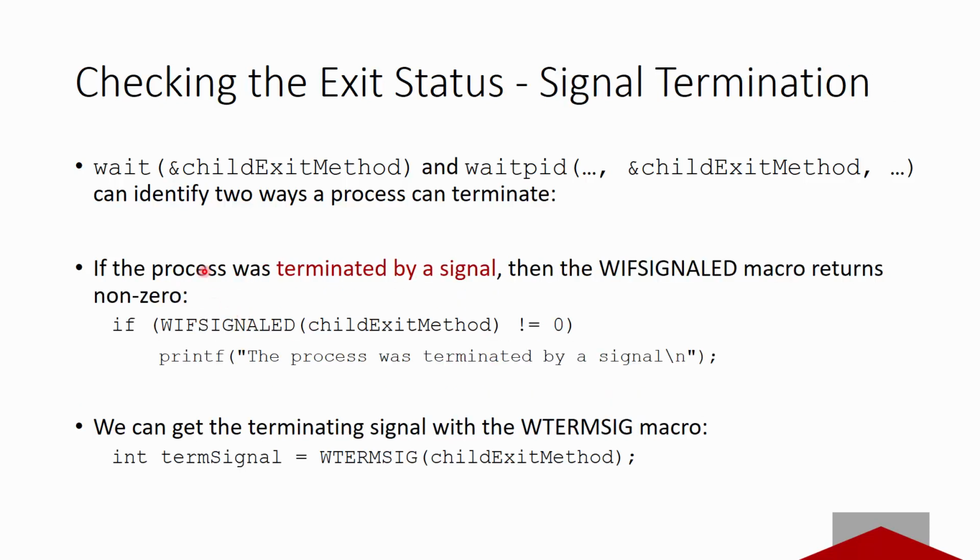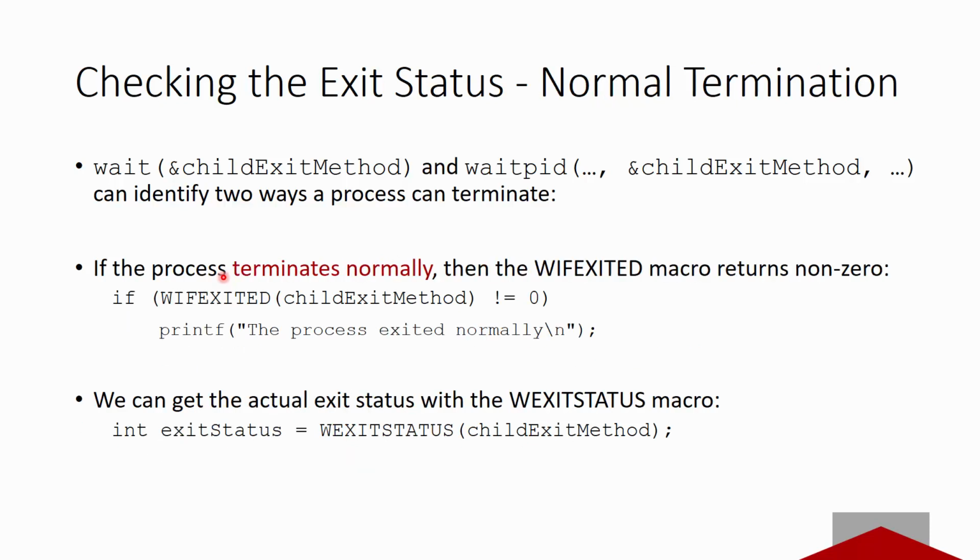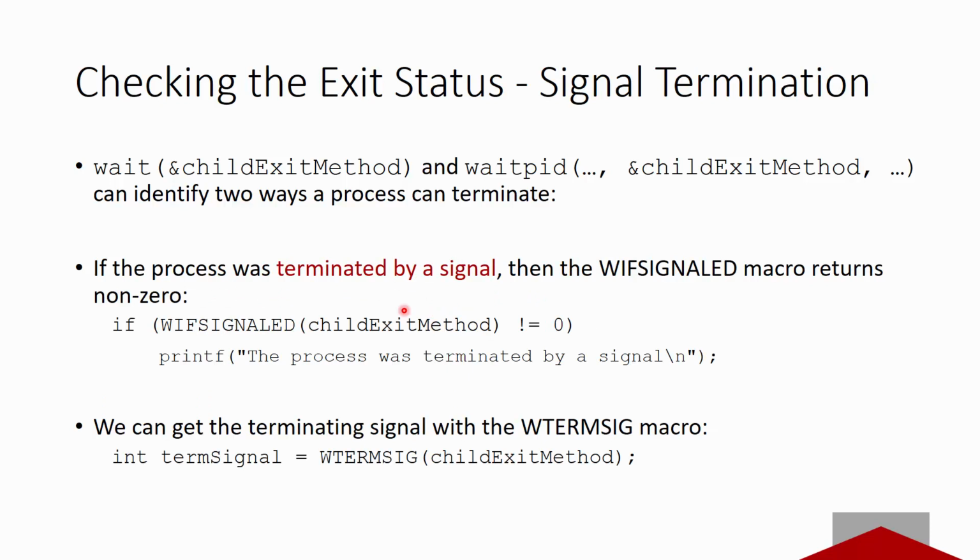The other way here is if the process was terminated by a signal. In that case, instead of having ifExited return non-zero, the wIfSignaled macro is going to return non-zero. So here, if signaled on that same exit method integer returns non-zero, then we know the process was terminated by a signal.